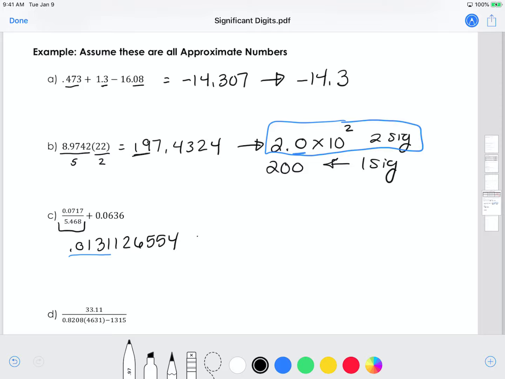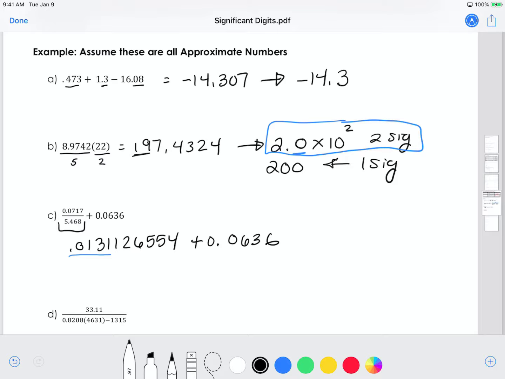And now we have to take that and add it to the 0.0636 number. Now, again, I want to stress you don't want to round until the end. You want to keep track of what numbers you have where you're rounding, but don't actually round it until the end.